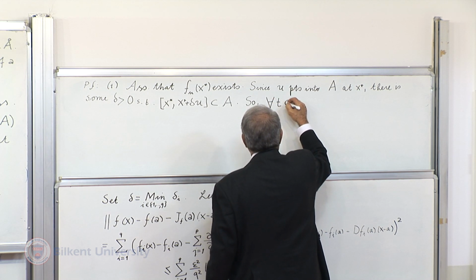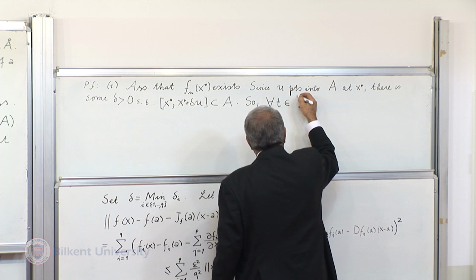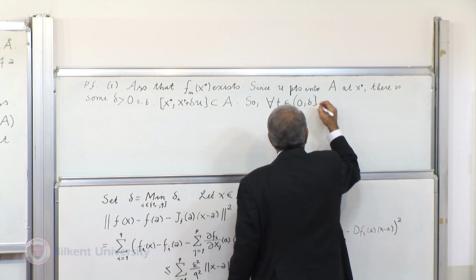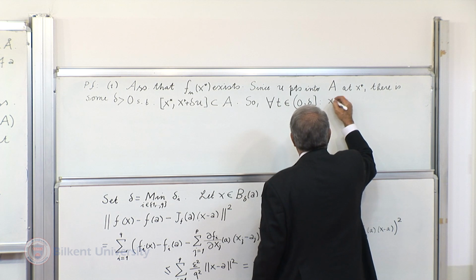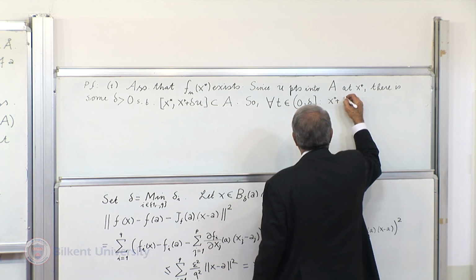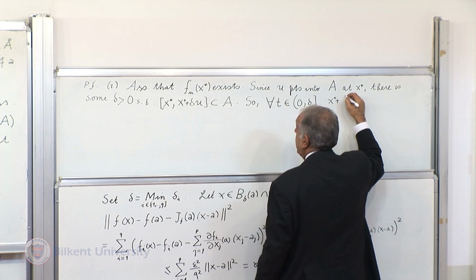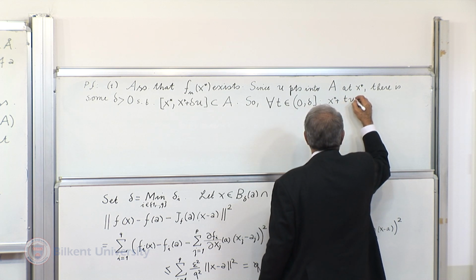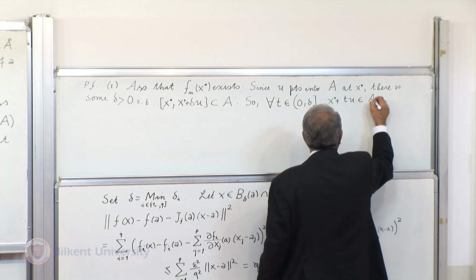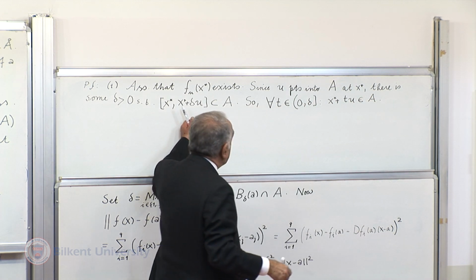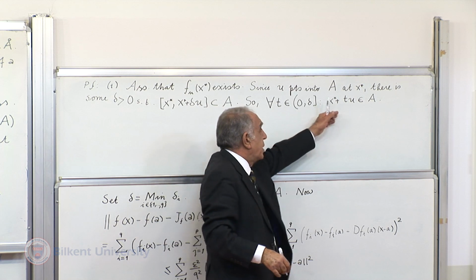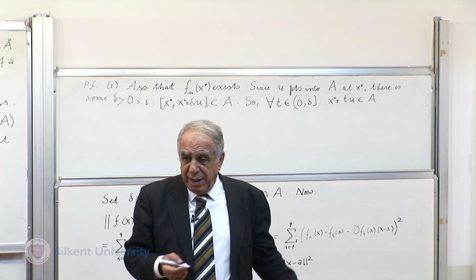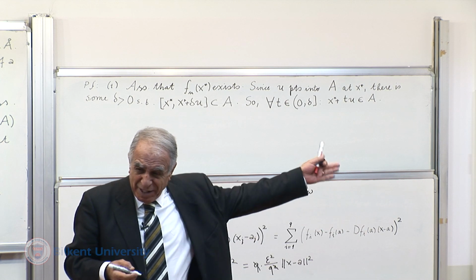For all t, I will exclude 0, x star plus tu will be in A. This is what this means. When t is equal to 0, that's true as well, but I'll be dividing by t, so this much is enough.